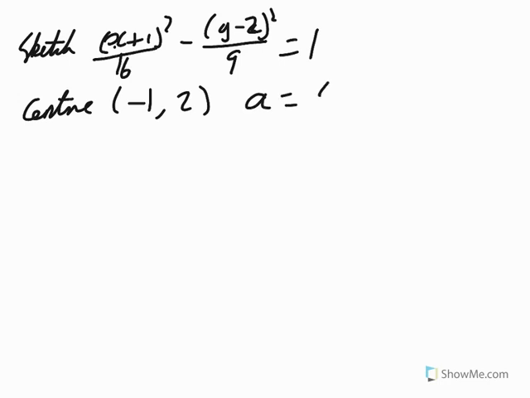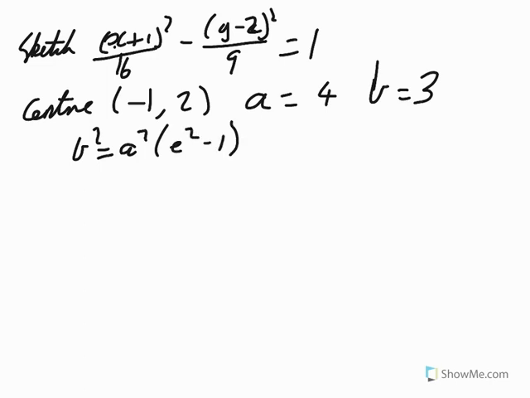A equals 4, b equals 3. So we need to know eccentricity, b squared equals a squared times e squared minus 1, because we need the eccentricity to find other bits and pieces. So 9 equals 16 times e squared minus 1. When you rearrange all of that, you get e equals 5 over 4.